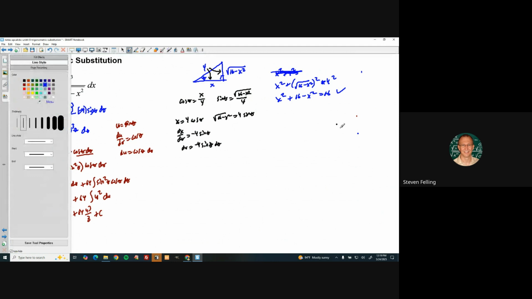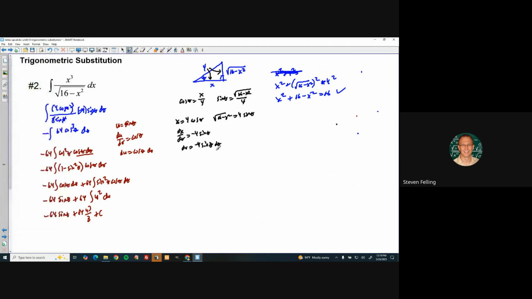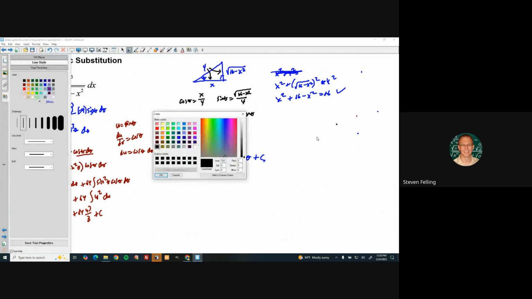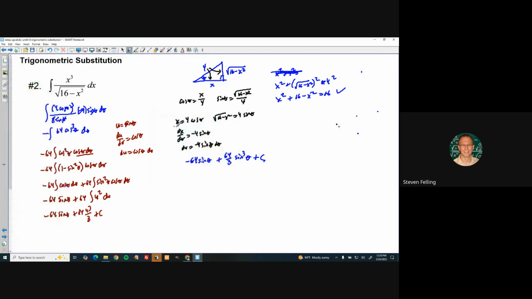So now we've got that this is negative 64 times sine of theta plus 64 over 3 times, this is now sine cubed of theta. Okay, now we're not done yet because this is still in terms of the theta. So now we have to go back to the x. So to go back to the x, what we'll do is use the fact that x's get replaced with 4 cosine thetas. Actually, we'll use the triangle up here.